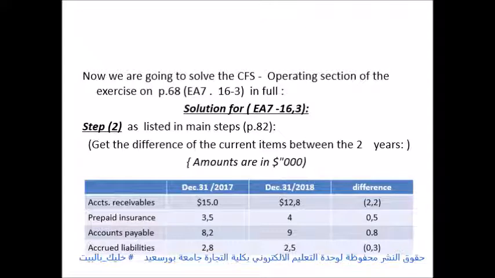Then you get prepaid insurance, positive 500, accounts payable, positive 0.8, accrued liabilities, negative 0.3. Let us apply the rule. The first asset, accounts receivable, the difference is negative 2.2. It should be located in the cash flow statement as 2,200 positive, because it is an asset.